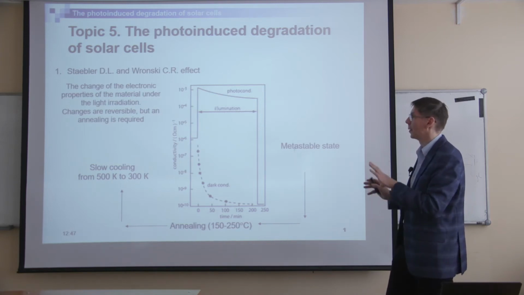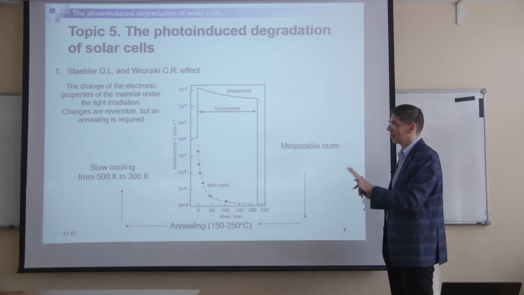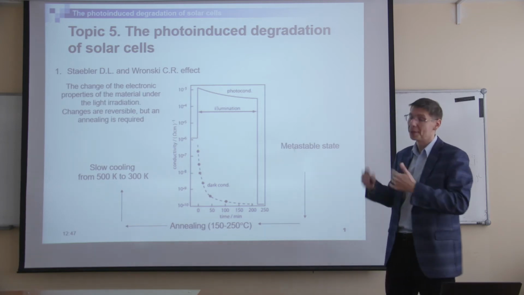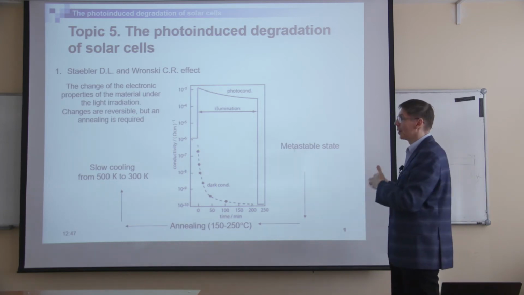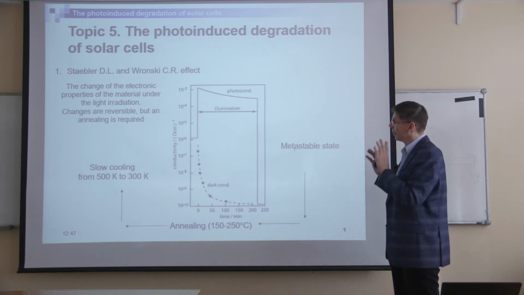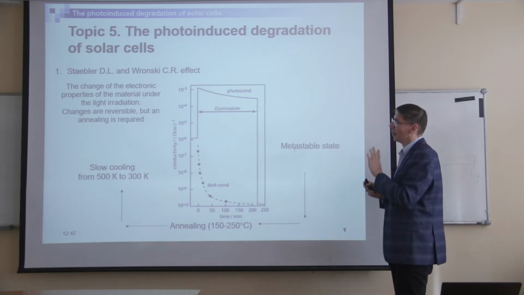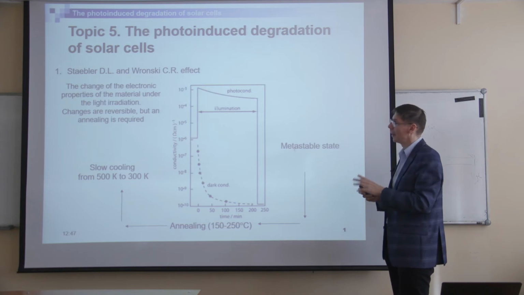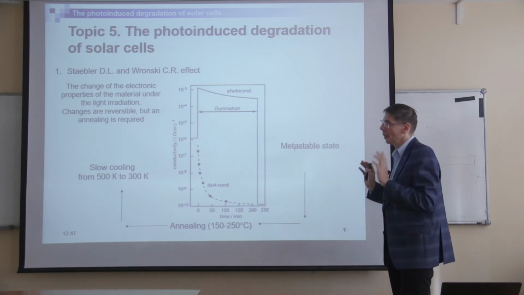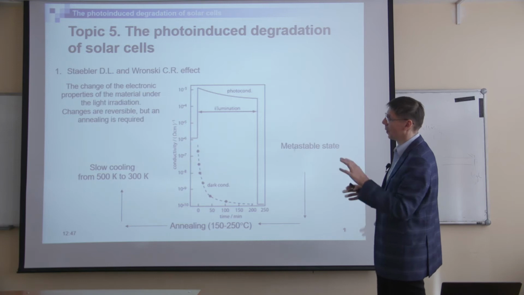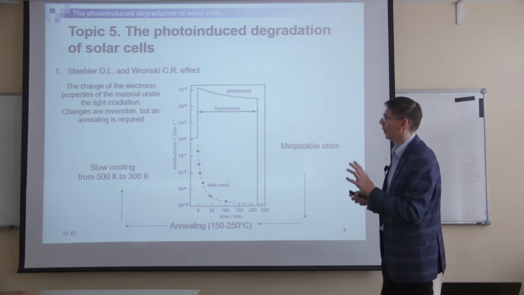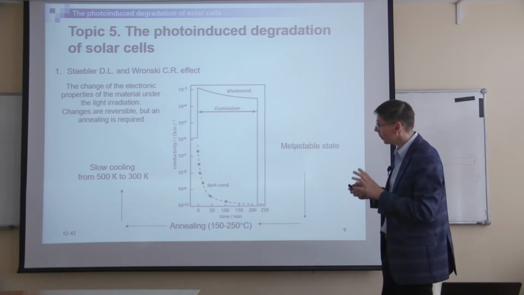This effect is related only to the materials. So it is related to the solar cell characteristic, but I mean, when we are speaking about the Staebler-Wronski effect, it's mainly the changing of the properties of the material, electrical properties. So what happened?